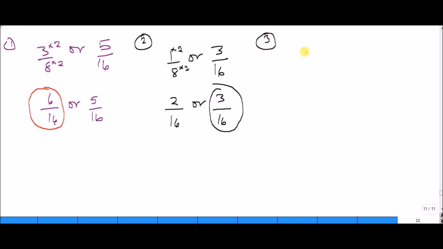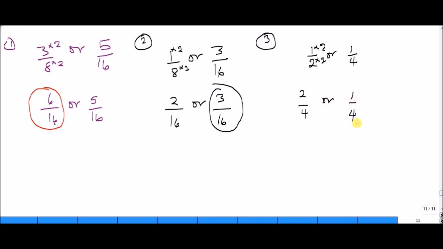Number 3 says a half or a quarter, and we could multiply by 2 because 2 2's will give us 4 and 2 1's will give us 2.